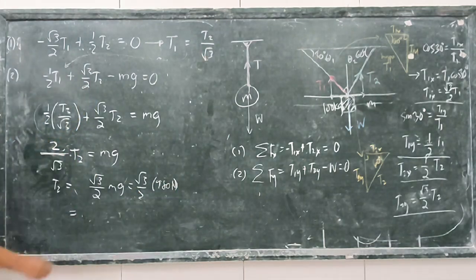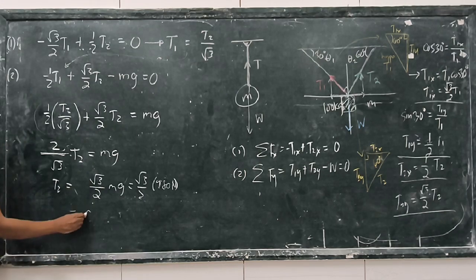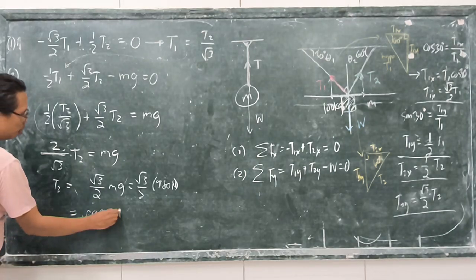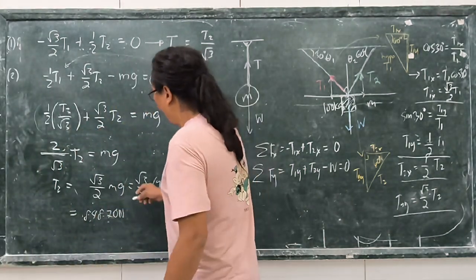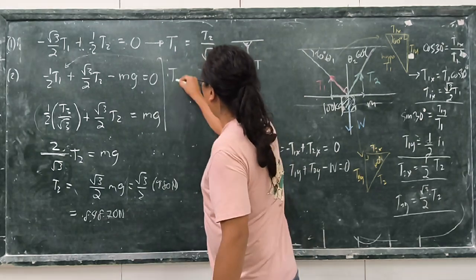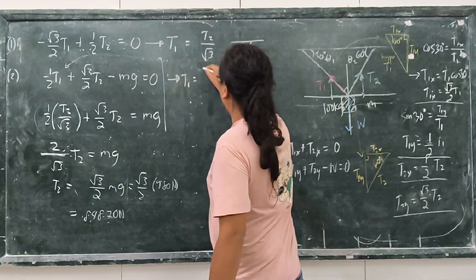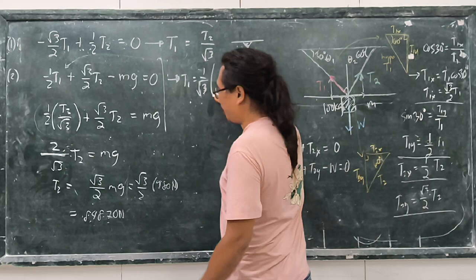And T2 now would give us the value. On your calculator, square root of 3 times 980 divided by 2 gives 848.70 newtons. How about T1? We can now solve T1. If T2 is this, then T1 would be 1 over square root of 3 times what is T2?